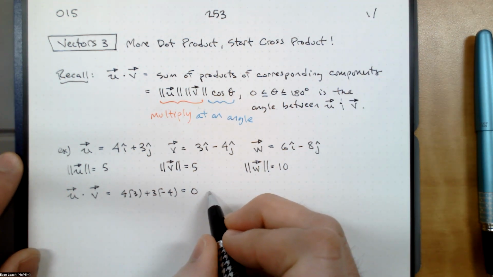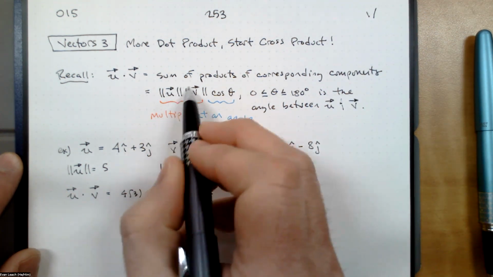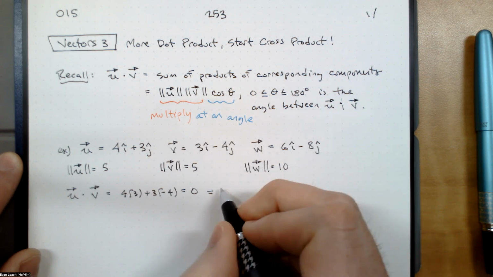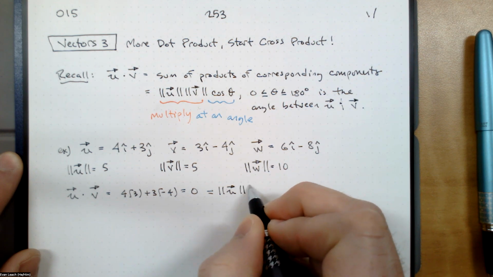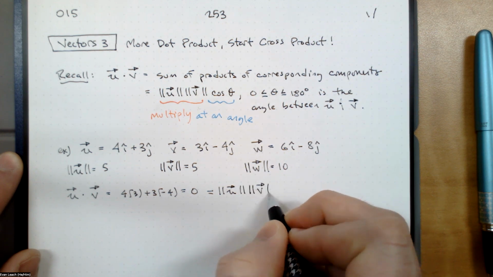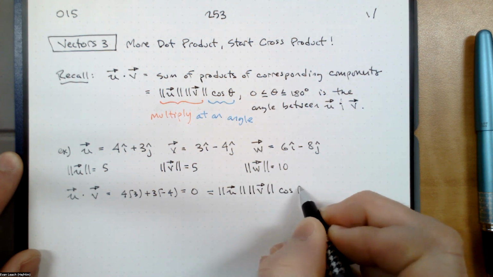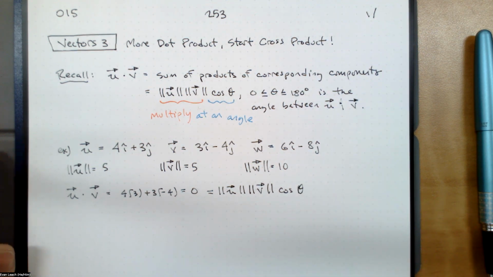So if we think of our second definition of the dot product, I took the magnitude of u times the magnitude of v times the cosine of the angle between the two vectors. So if I get this product that's equal to 0, the magnitudes can't be 0.